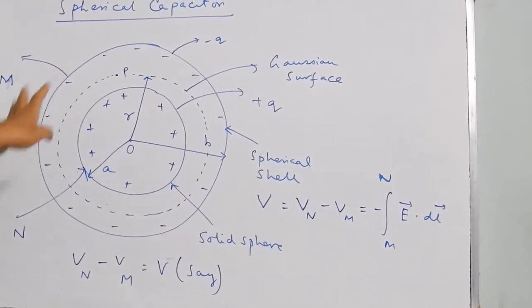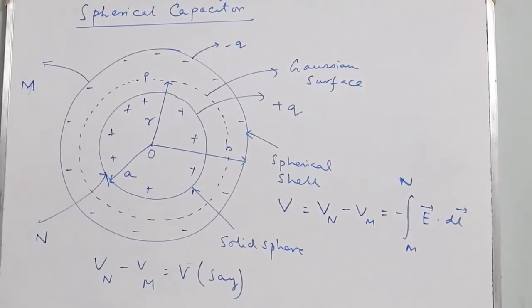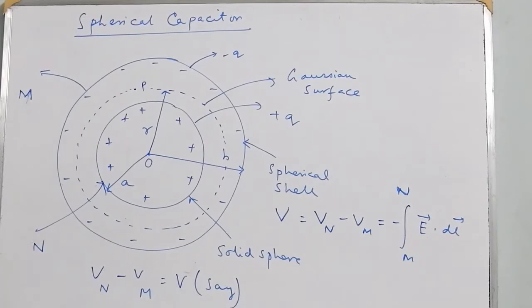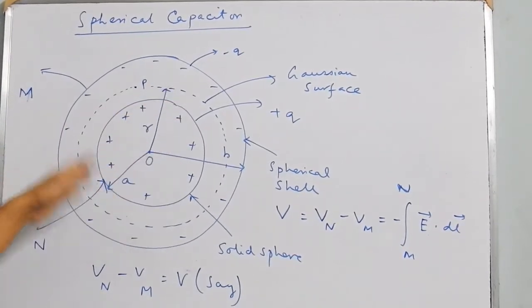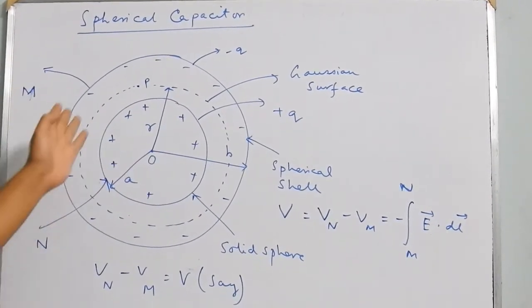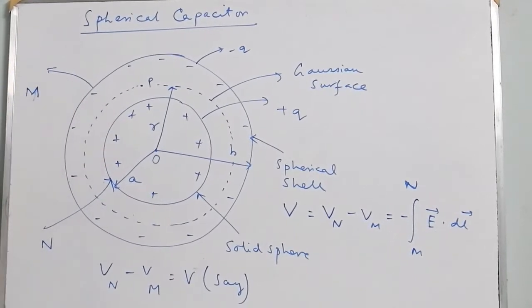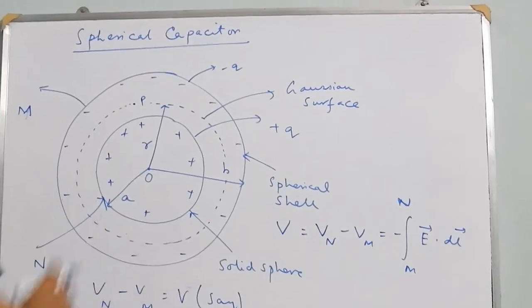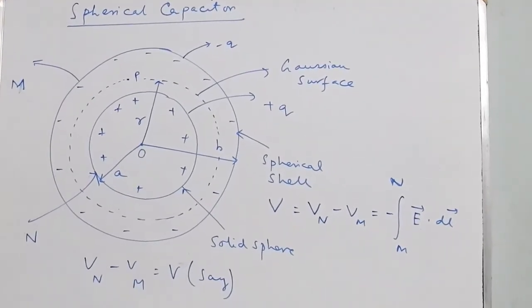Now, with respect to this charge distribution, it is quite obvious that electric field lines will propagate from the inner sphere and move in the radial direction, because electric field lines are always perpendicular to the surface of a conductor.